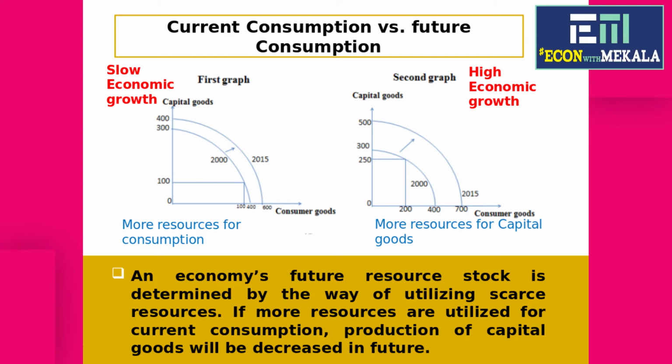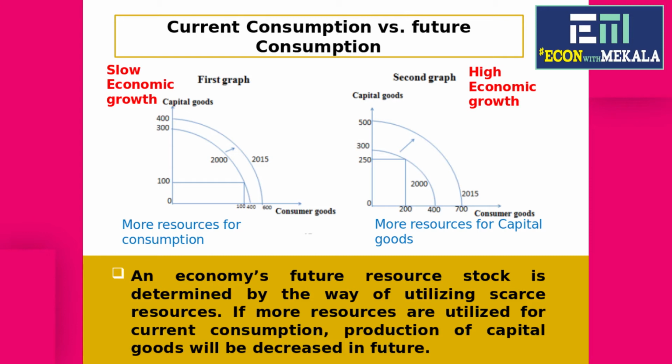If you look at a situation involving current consumption and future consumption, we all know that in an economy, our future resource stock is decided by how well we are utilizing resources now. For instance, if we use all the resources available to us now, in future we'll face difficulties because we will not have sufficient resources for production.